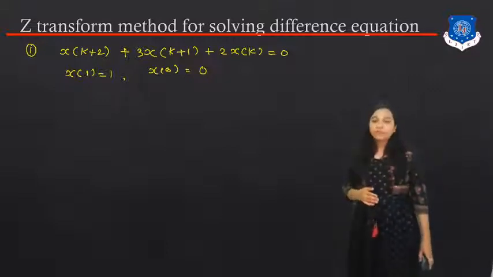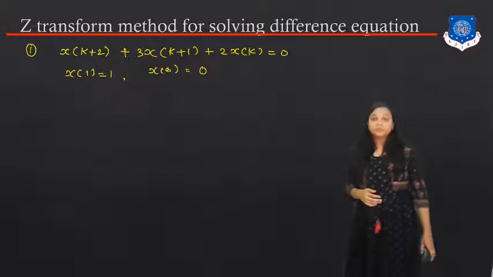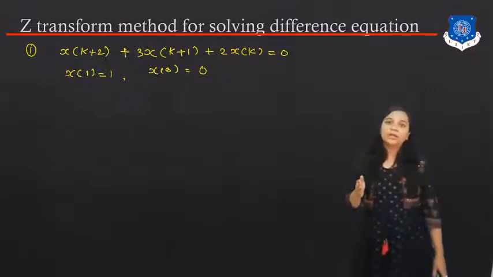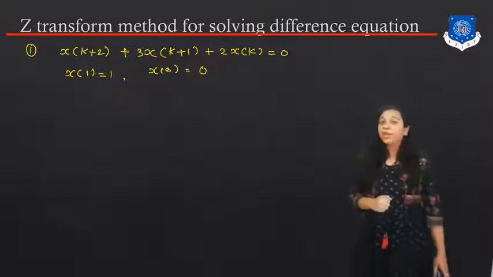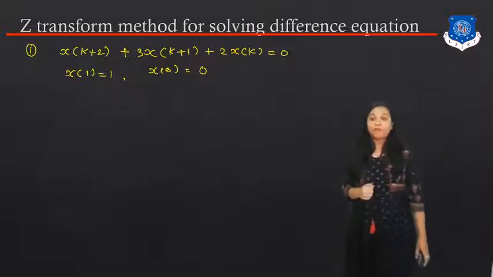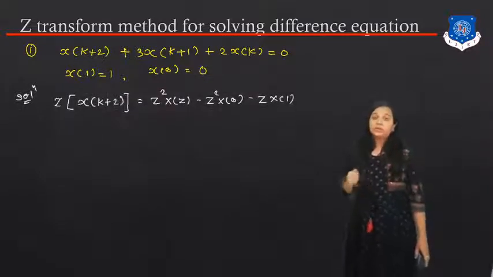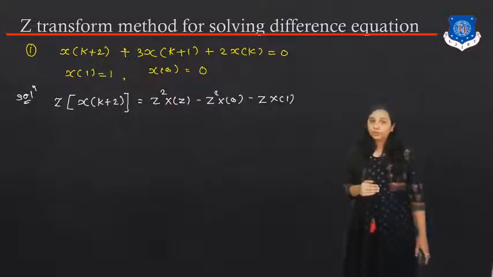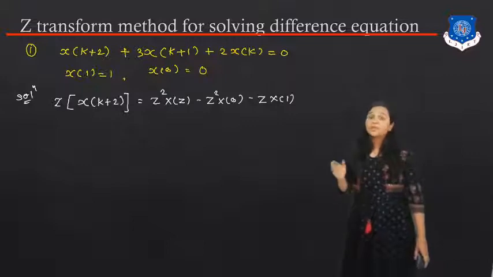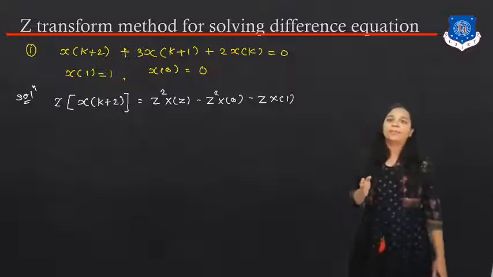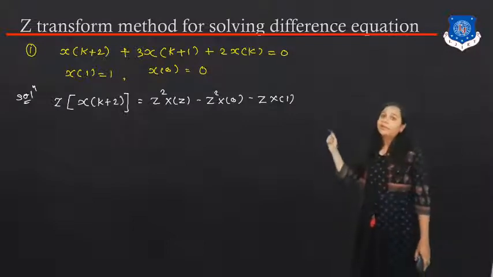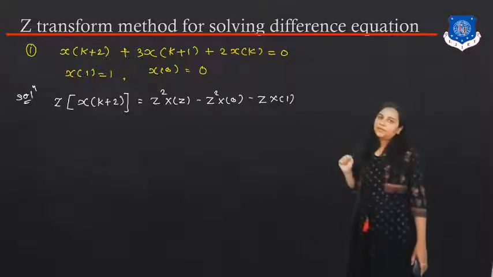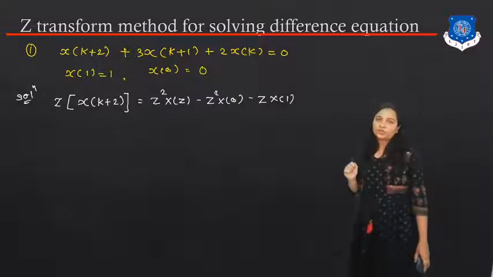Now for the difference equation, we will convert x(k+2) into the Z domain, and for that, Z of x(k+2) is equal to z square X(z) minus z square x(0) minus z x(1).